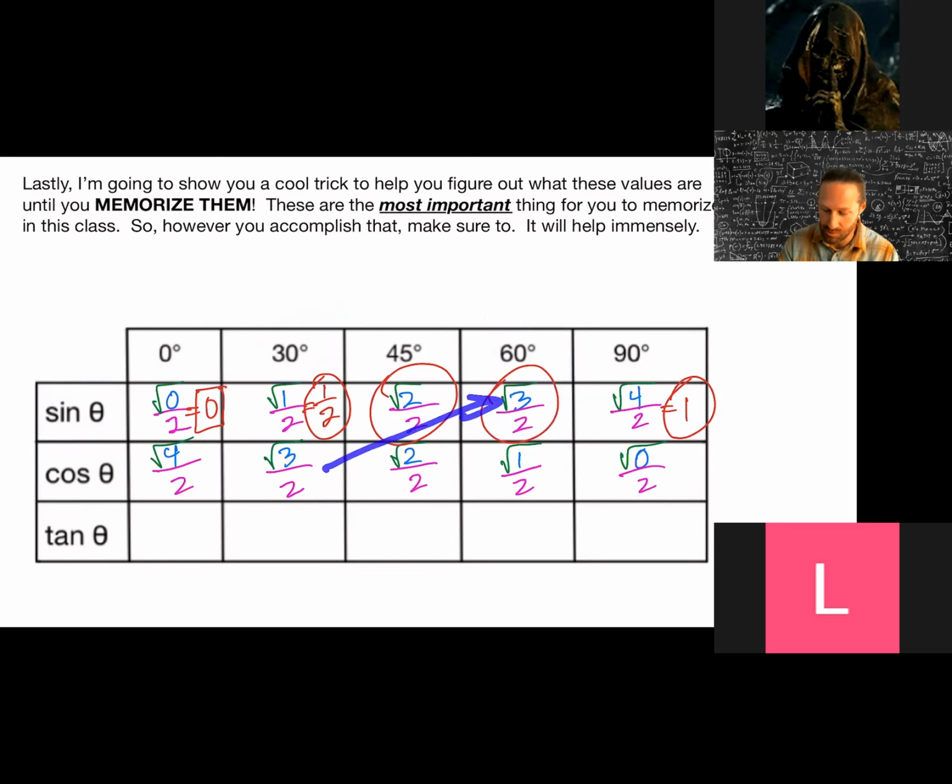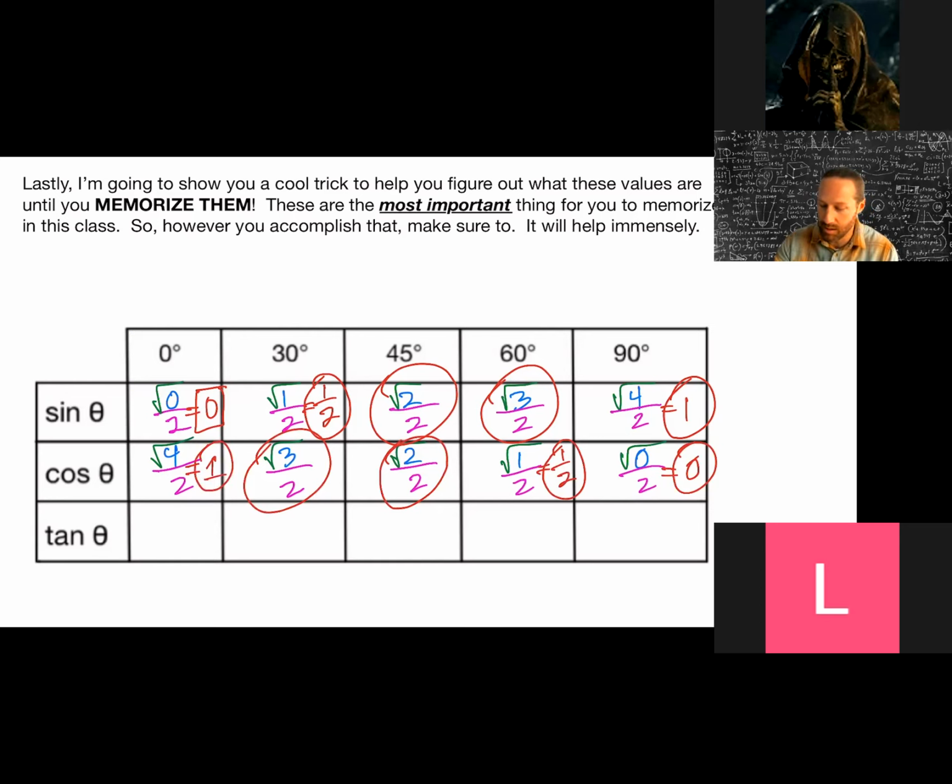There's your root 3 over 2. Same ratios, values for the sine of 60 and the cosine of 30. That also works for 0 and 90. Notice we got a 0 here and a 0 there. Same values. So I'm just going to write them down. 0, 1/2, root 2 over 2, root 3 over 2, and 2 over 2, which is a 1.